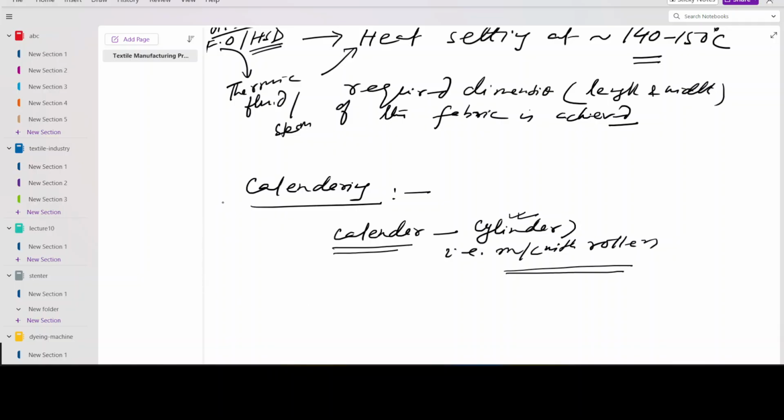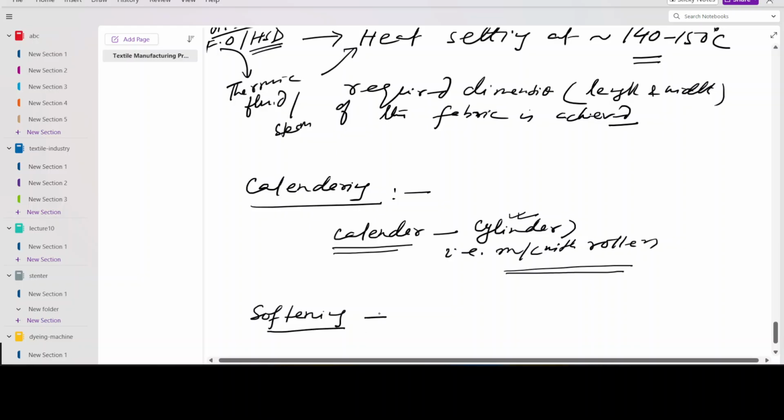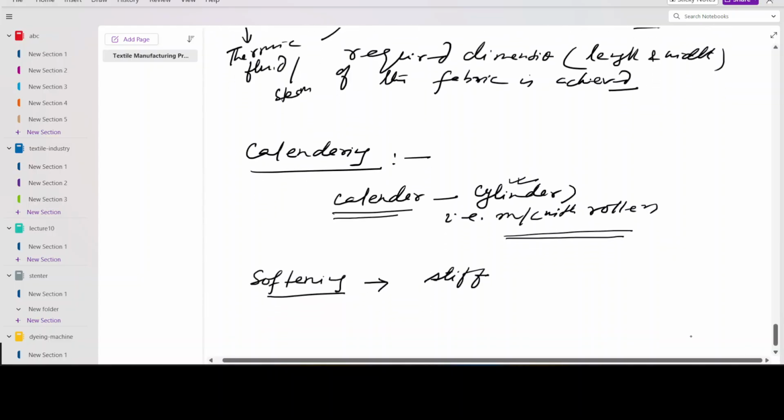This is calendaring. And now finally there is a process known as softening. After calendaring, the fabric becomes a little stiff. Breaking down of this stiffness is called softening.